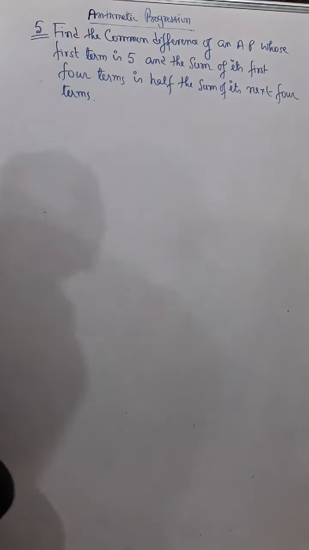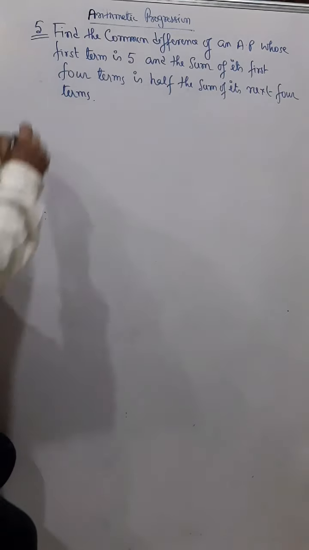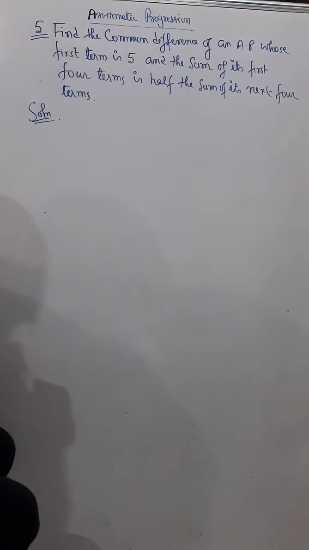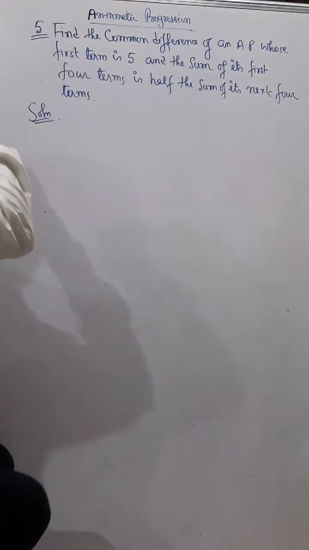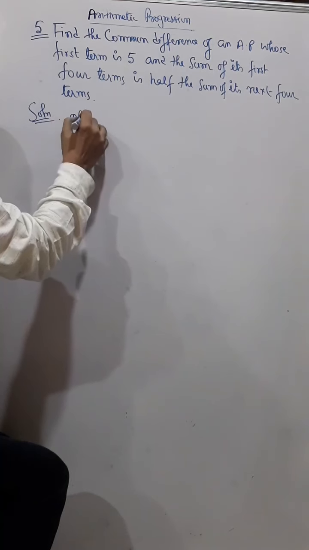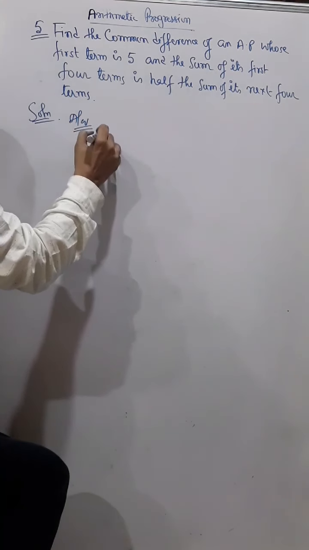Okay, now see this sum. Here they told, find the common difference of an AP whose first term is 5 and the sum of its first 4 terms is half the sum of its next 4 terms. So according to the question, let the AP be A1, the first term, A2, second term, A3, third term, A4, fourth term.